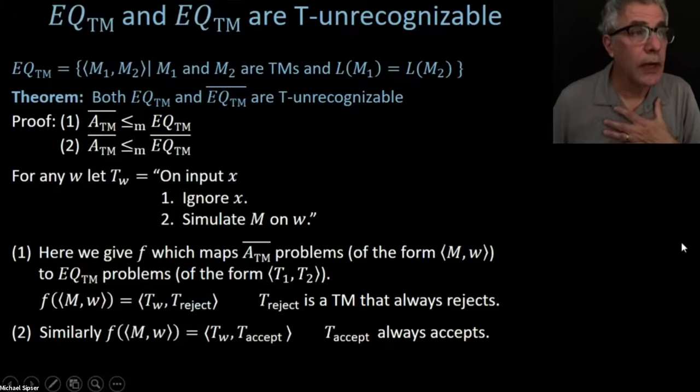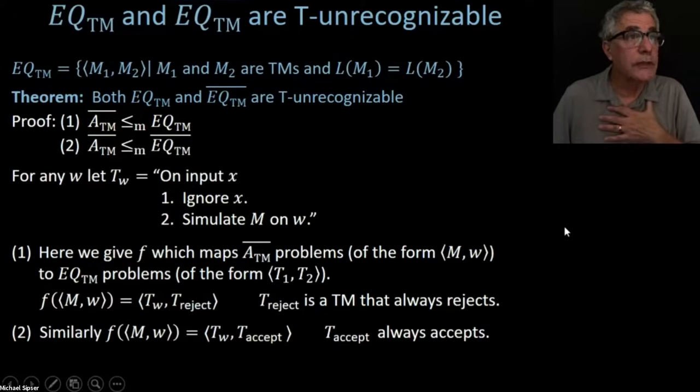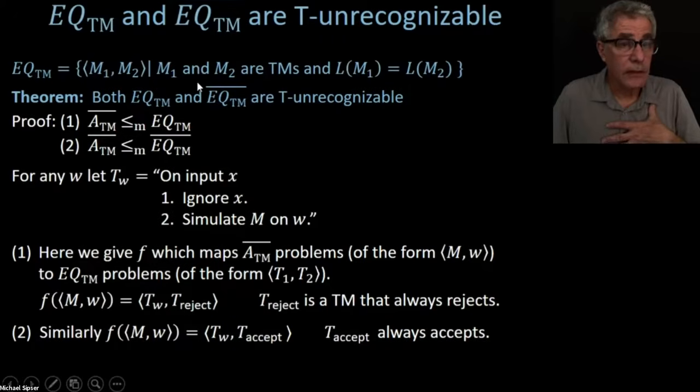Okay, so we'll have to just talk through this rather than having it build. Let's take EQTM. That's the equivalence problem for Turing machines. Do they recognize the same language? So this is a language of a new kind for us. This is a language where neither it nor its complement are going to be Turing recognizable.